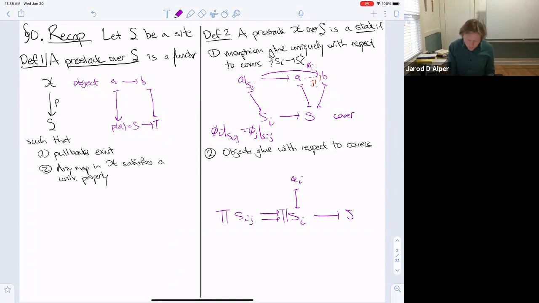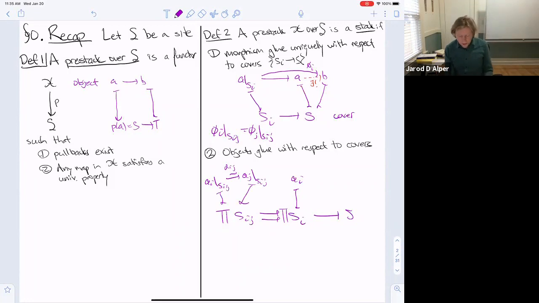Then you have isomorphisms alpha_ij from A_i restricted to S_ij to the other pullback. So these are all objects over the double fiber products.